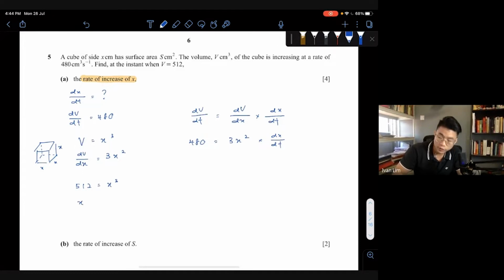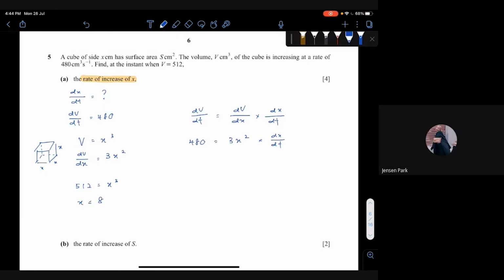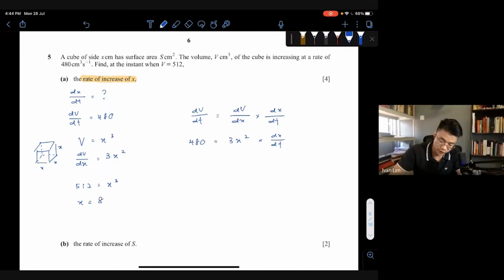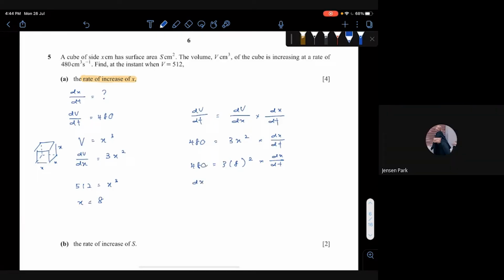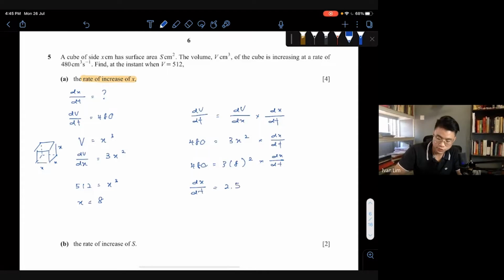The cube root of 512 equals 8. Substitute 8 in here: 480 equals 3 times 8 squared times dx over dt. You'll get dx over dt equals 2.5.